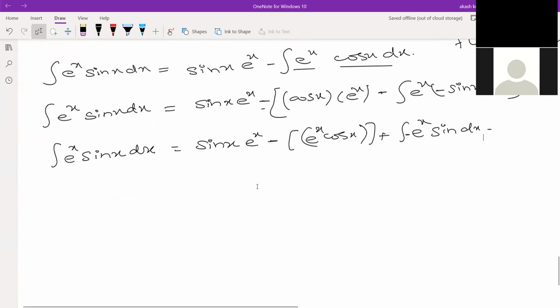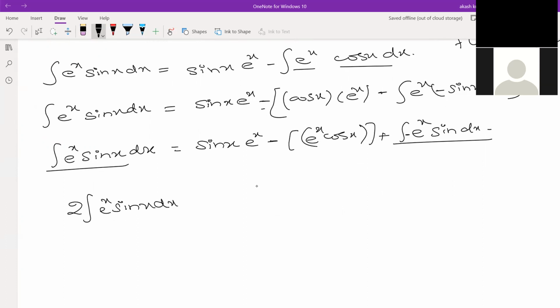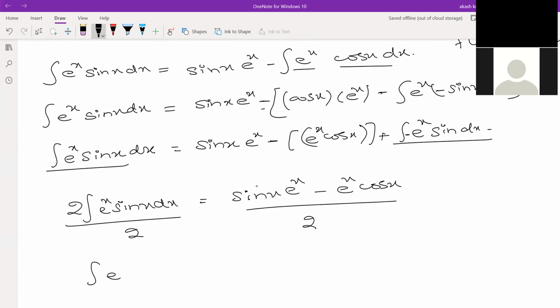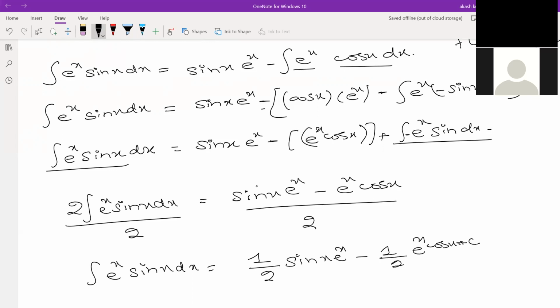Okay, so again we have got the same function. Taking it to that side of the equation, it becomes 2 times the integral of ex sin x dx, and here we have sin x e raised to the power x minus ex cosine x. Dividing both sides of the equation by 2, the integral of ex sin x dx equals half sin x ex minus half ex cosine x plus integral constant.